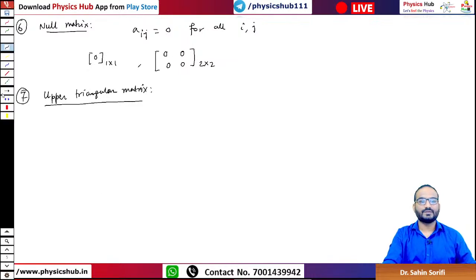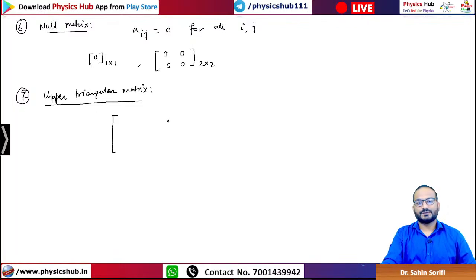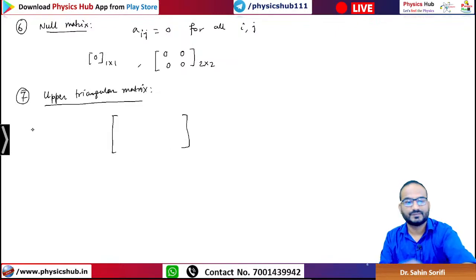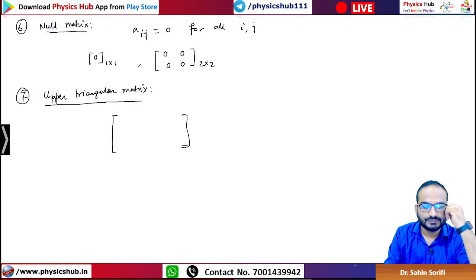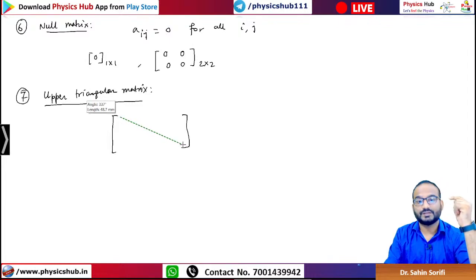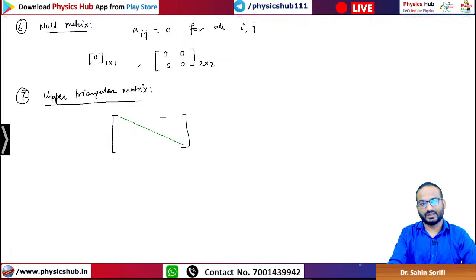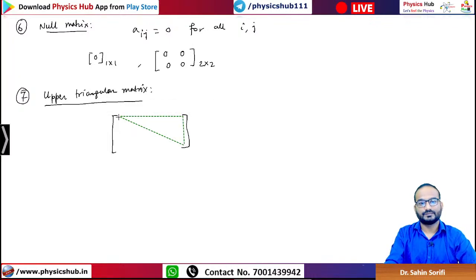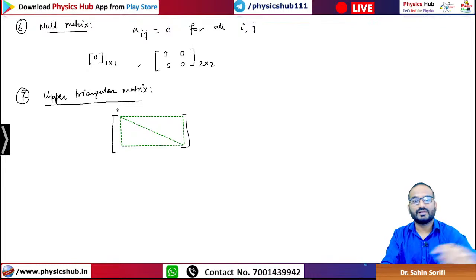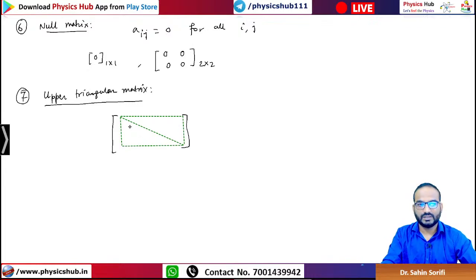So if you have a matrix, let's say this, and you imagine a line like this, this line is separating the matrix into two parts, two triangles actually. This is one triangle, another triangle below. So upper triangular matrix means only the upper elements will be non-zero, lower elements will be 0.